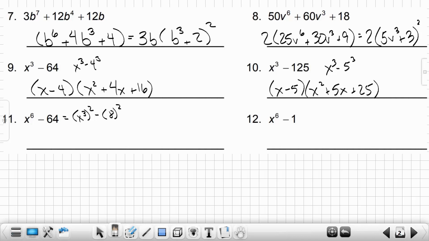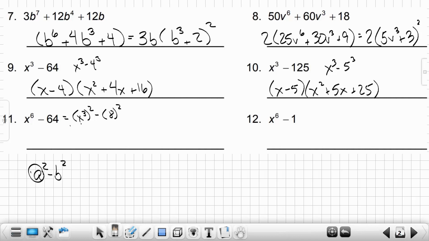Going off the formulas from the top of the note page, this is difference of squares. What is my A value? Because difference of squares at the top says A squared minus B squared. So A is whatever the first thing squared is. What's my first thing squared here? It's that whole thing.